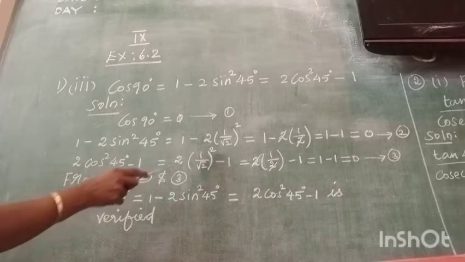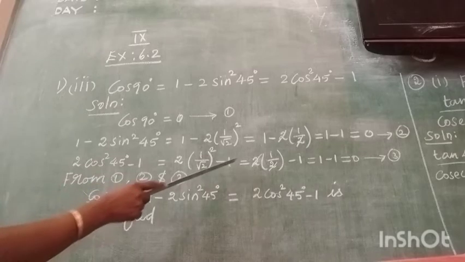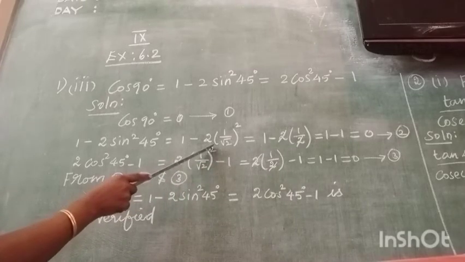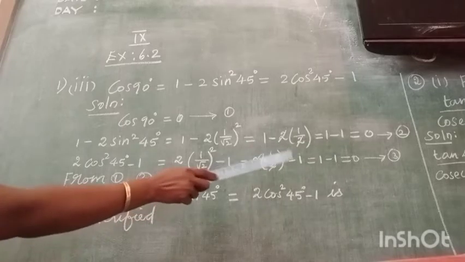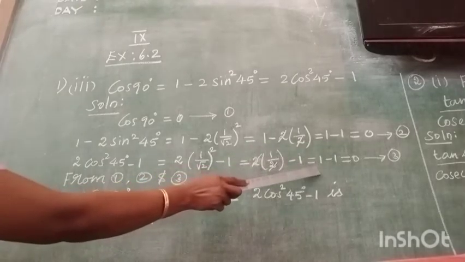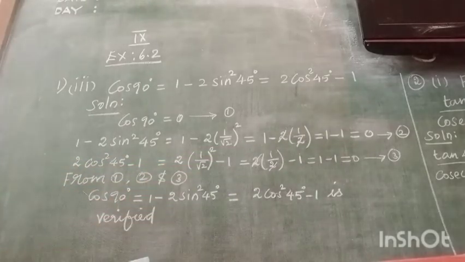The square is common for numerator and denominator, so 2 into 1 square is 1, root 2 whole square is 2. The 2s cancel, so this term becomes 1. 1 minus 1 is equal to 0. It is called equation number 3.